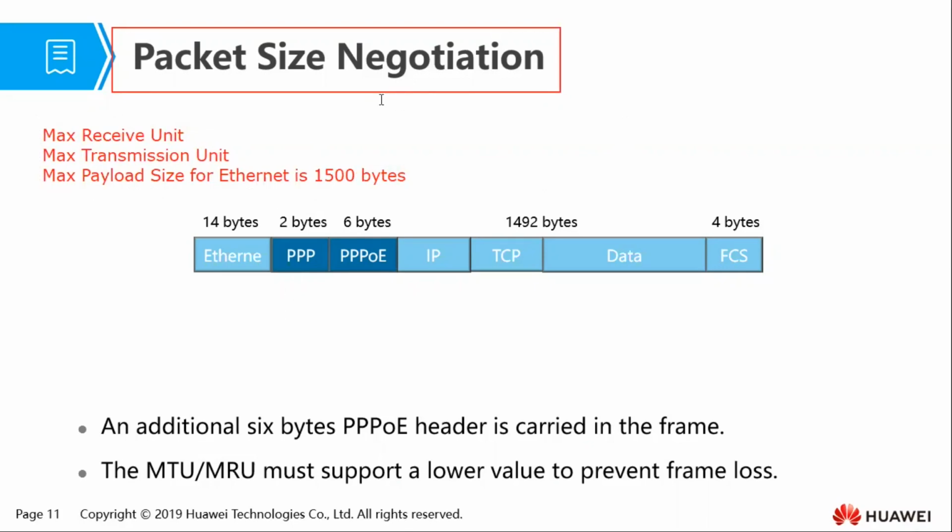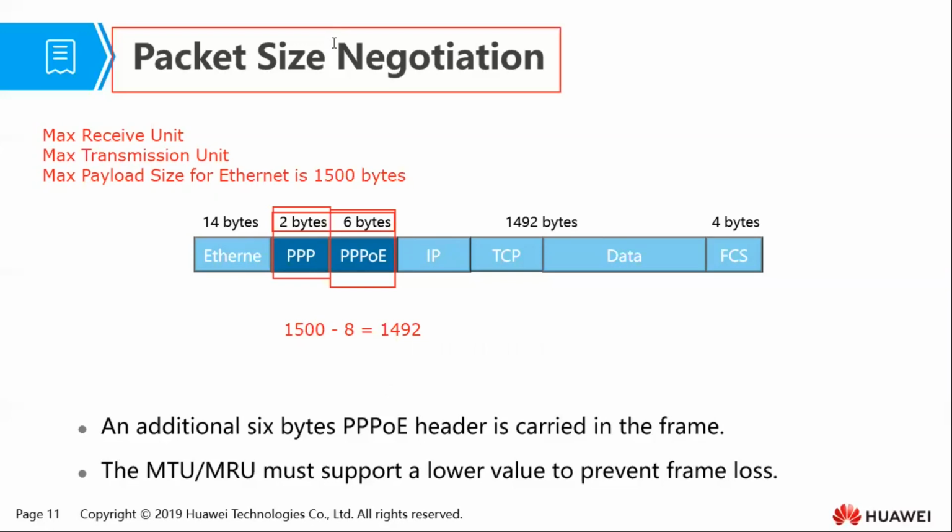Now, generally, when you use PPPoE, as we've seen, you must also use PPP. So that after PPPoE negotiation, you go into PPP negotiation. As you can see, this takes up a total of how many bytes? 8 bytes. It takes up a total of 8 bytes, and therefore the space that is left out of that for the other data is 1500 minus 8, which is equal to, I think, 1492.